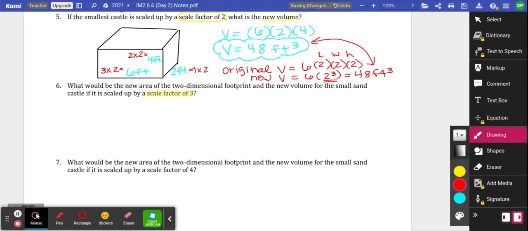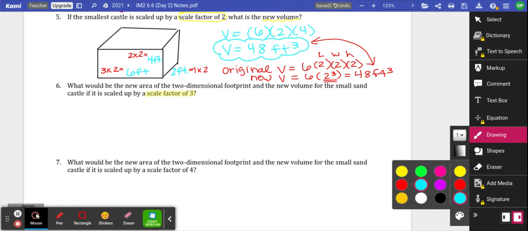Okay, so if we think about this the way that we were thinking about our shortcut, if we take our 2-dimensional footprint, so that's talking about surface area, right? So if we take our original surface area and think about what that was, our original surface area was 3, right? And we're scaling up by a factor of 3. Let's do just a quick picture here.